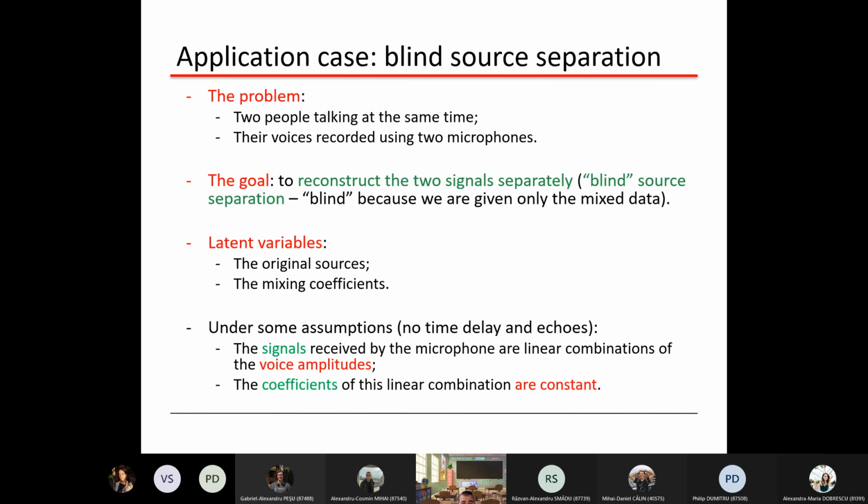And in this situation, the speaking of the presenter and of the one who asks the question is independent, because they might start talking at the same time.